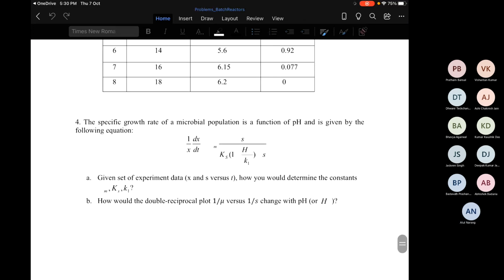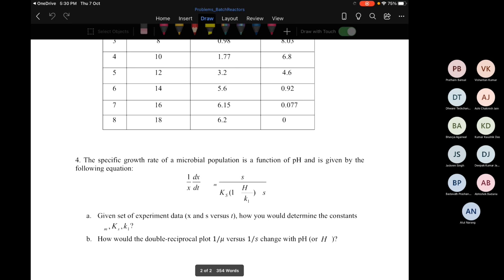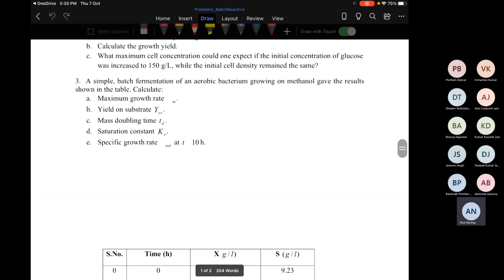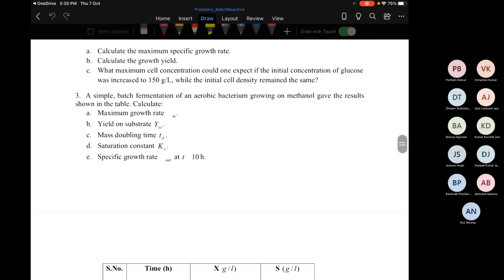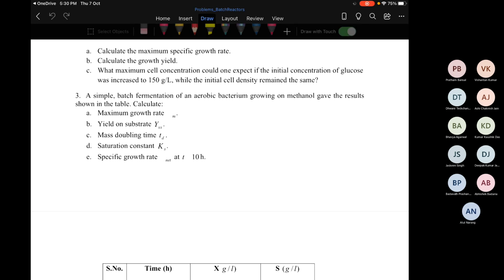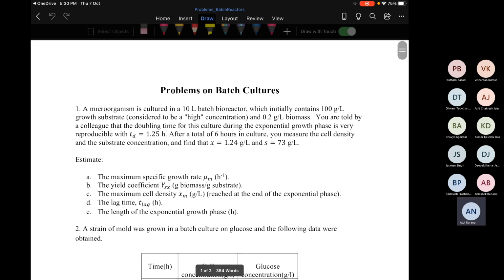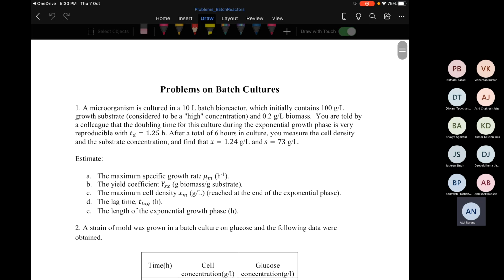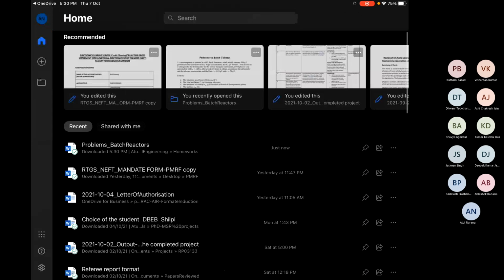So let's just call this. No. Will it allow me? It's not allowing me to write on it. What the hell is going on? This is not helpful. Hmm.